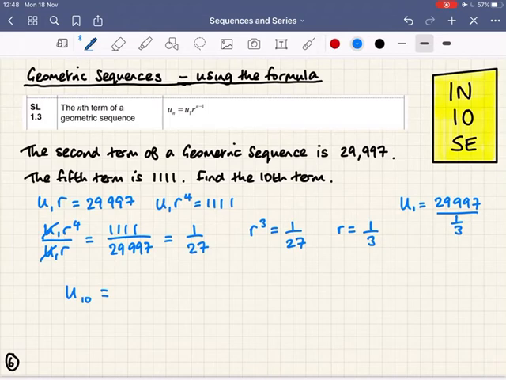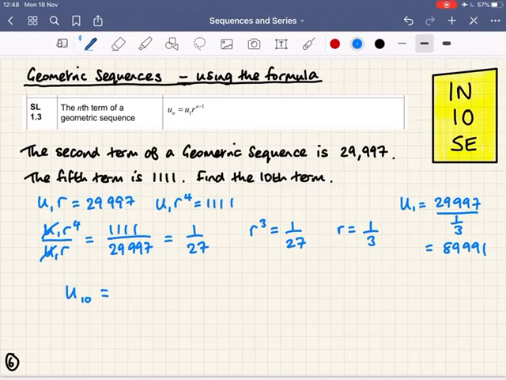So 29,997 divided by a third will give me 89,991. I need to work backwards because I've got the second term. I multiplied 89,991 by a third to get the second term, which is 29,997.